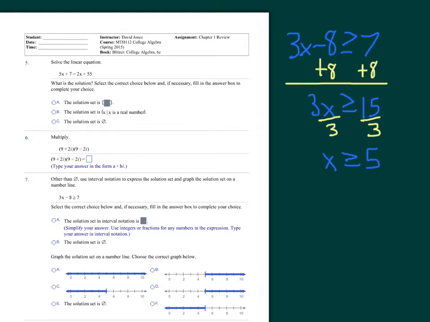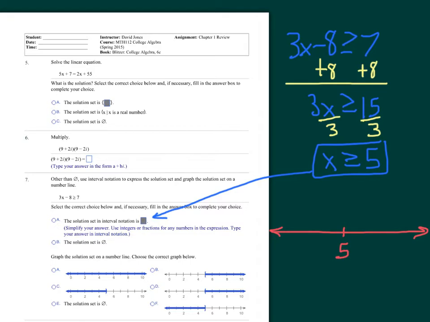So not only are we solving this inequality, so that would go there, we're also looking for the graph that goes with it. So let's do this in pink here. We're saying x is greater than or equal to 5. So if we're looking at our number line, we've got 5, we've also got 6, 7, all the things that are greater than 5, and I'll highlight all those.